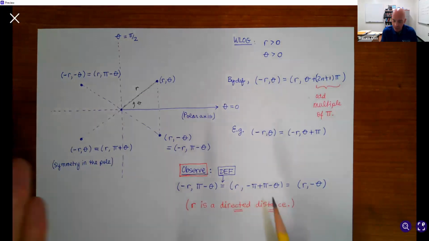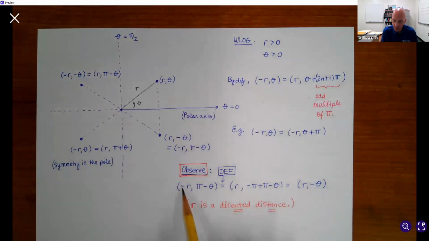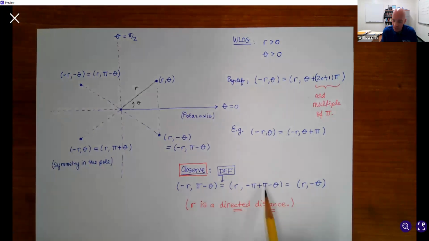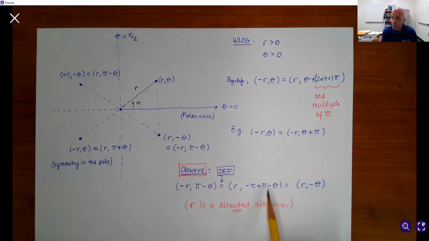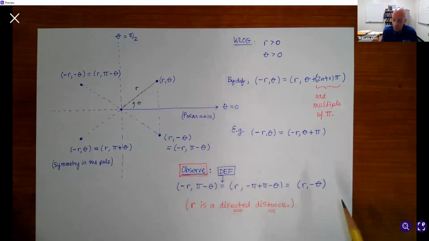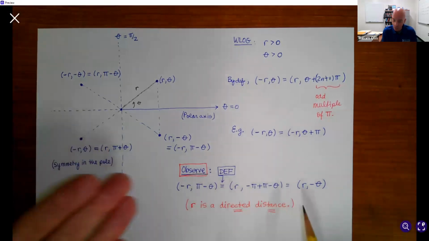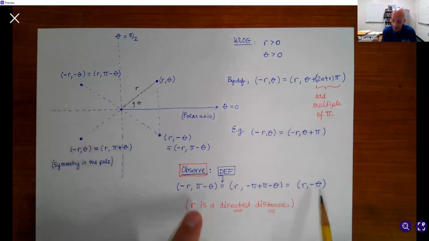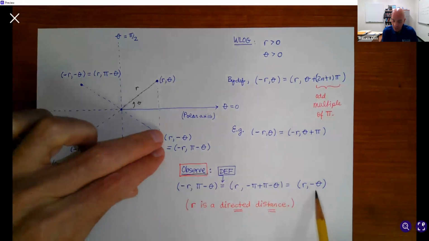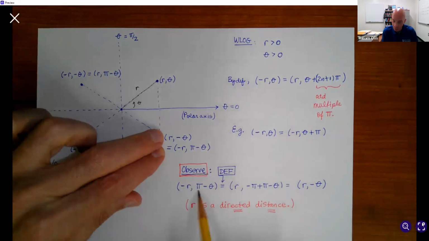Again, let me just say this. When you put in the additive inverse, you apply the definition to add the odd integer multiple of pi. In this case, I was just kind of lazy and said I'll just add negative pi. And of course, the pi and the negative pi absorb and we get this. So the idea is that you can write things that are equivalent using the definition of directed distance, which we have here.